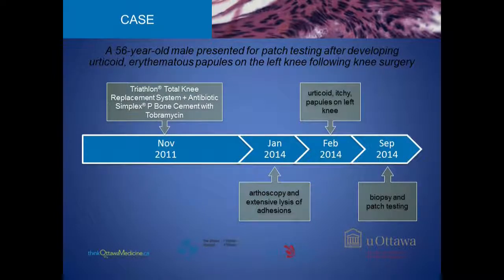So this gentleman was having all kinds of problems with his knee, adhesions and whatnot, and he went in and had arthroscopy and extensive lysis of adhesions. That was in January 2014. In the post-op period, about a month later, he started getting an urticarial, very pruritic, persistent rash at the site of his knee.